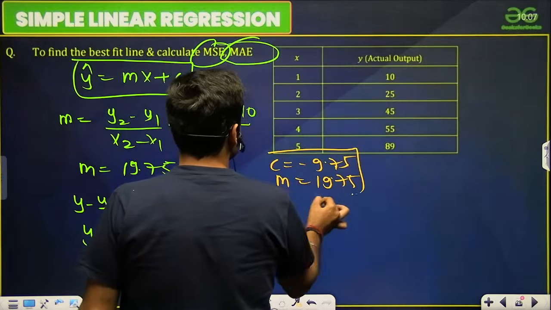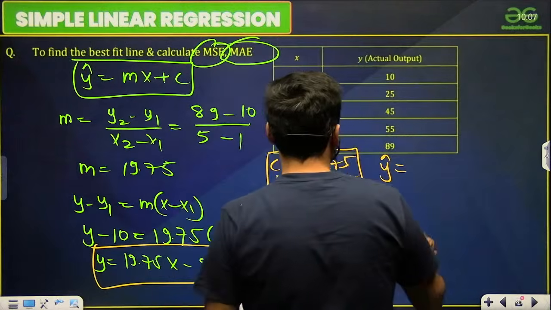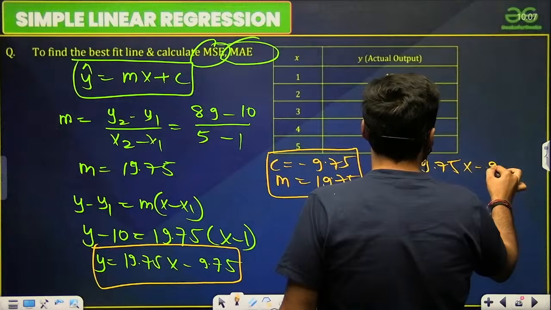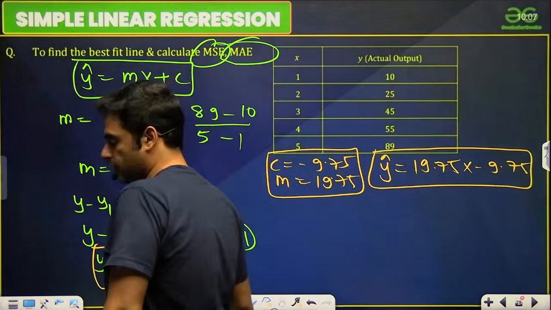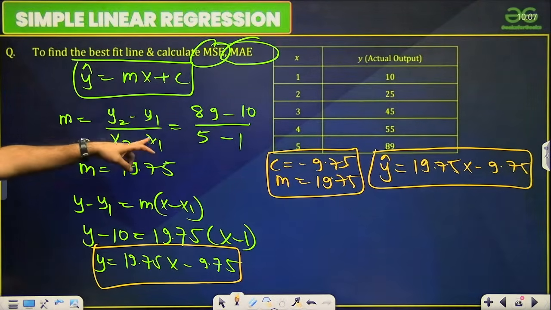Okay, so what would be the best fit line? तो best fit line would be of the form y hat equals 19.75x minus 9.75. This is the equation of best fit line. So I just used certain values here, y2, y1.